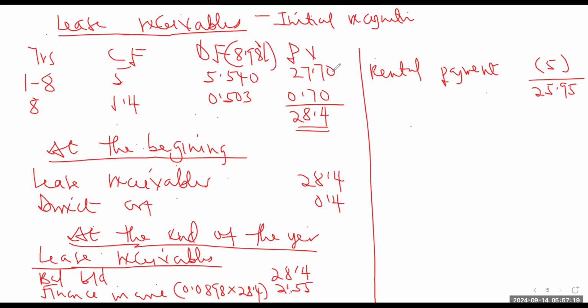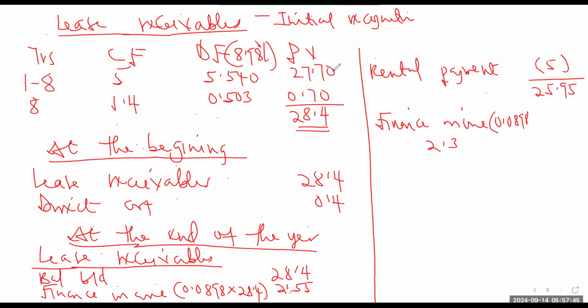What will be the interest payment for the next year, or the finance income for the next year? That will be 0.0898 multiplied by this figure. What are we having? 2.33, isn't it?